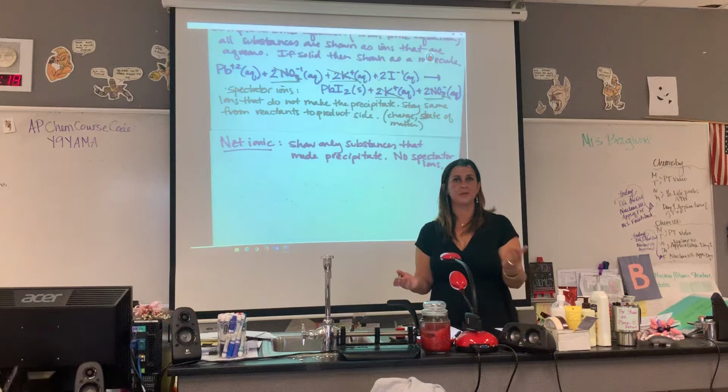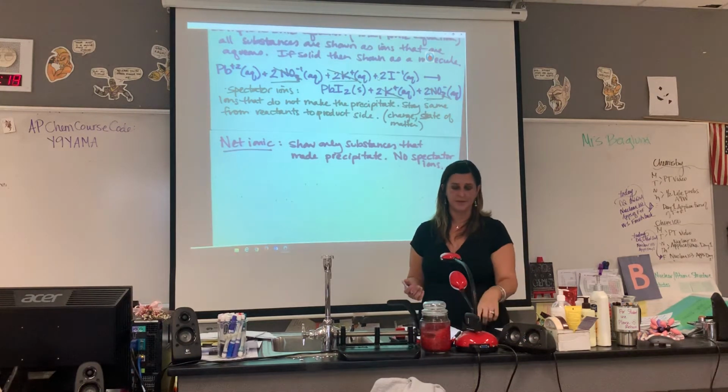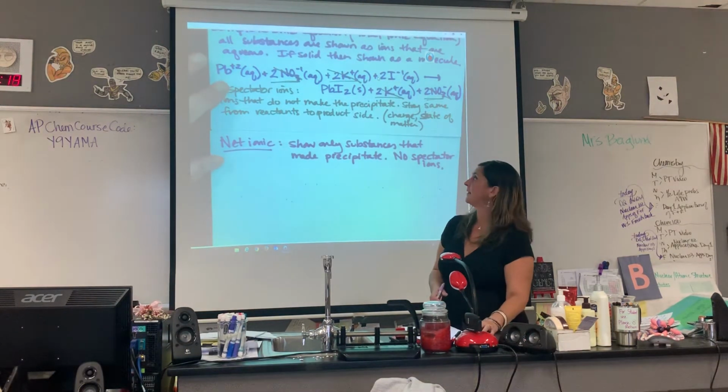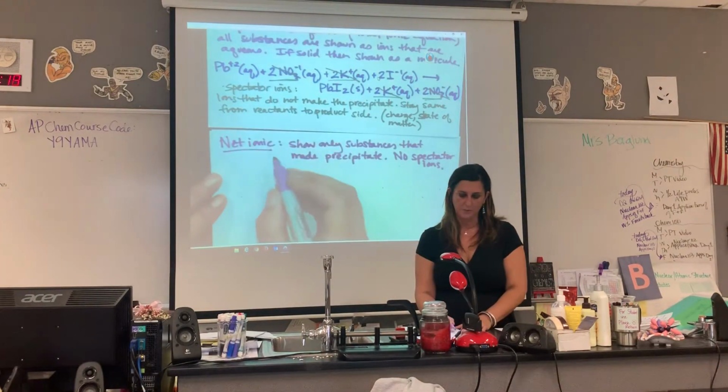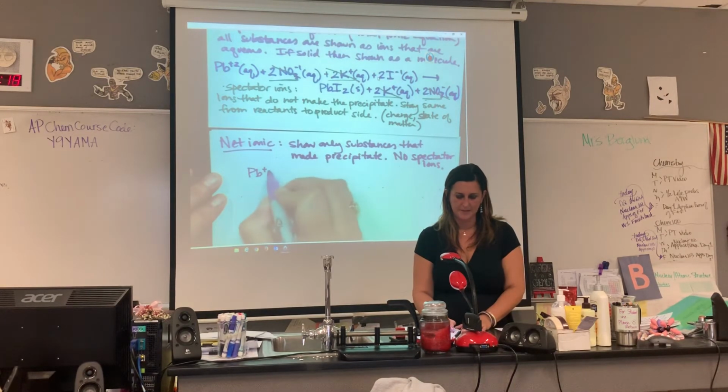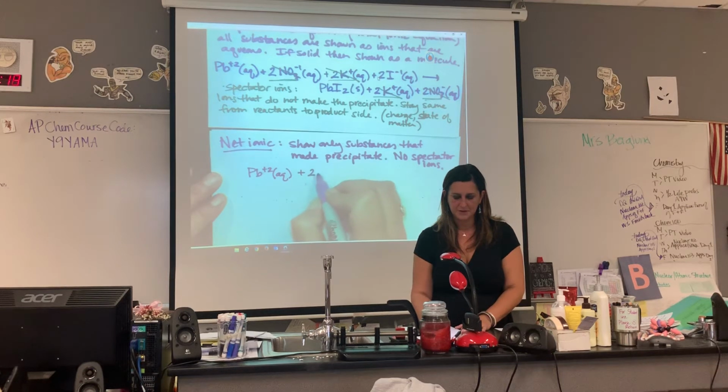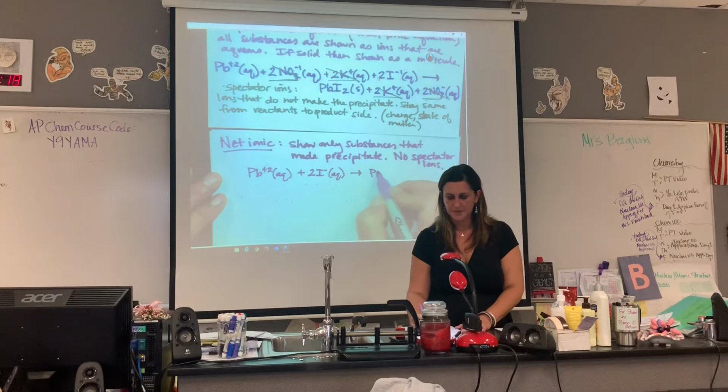We canceled 2 nitrates and we canceled 2 potassiums, and all we're left with up here is the lead and the iodide. So what we would do is just bring down what's left over that we haven't canceled, just like in math. So we have Pb plus 2 iodides makes PbI2 solid.